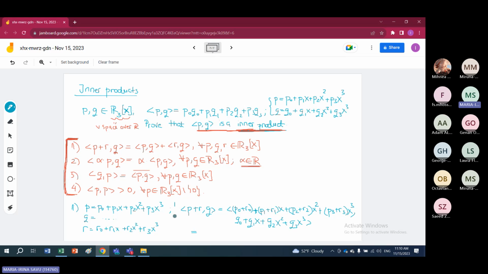Now when you compute this product, you have to use the definition of the function, not compute the inner product of two polynomials. You just multiply the corresponding coefficients and then add what you obtained. So you have to multiply this one, because this is the free term, with this one, and you have P0 plus R0 times Q0. This was the first one.